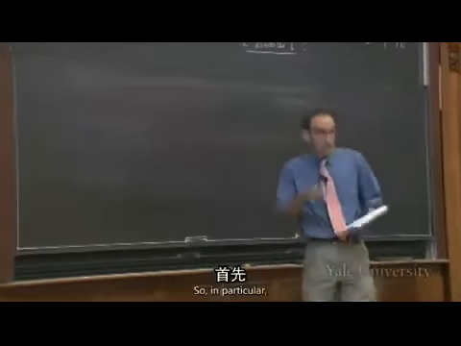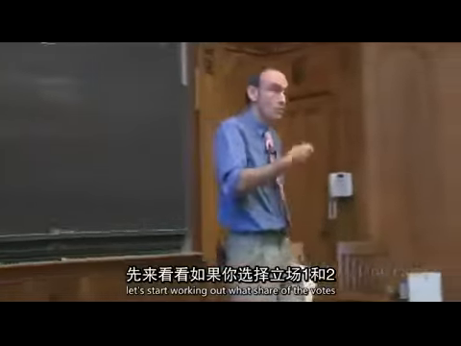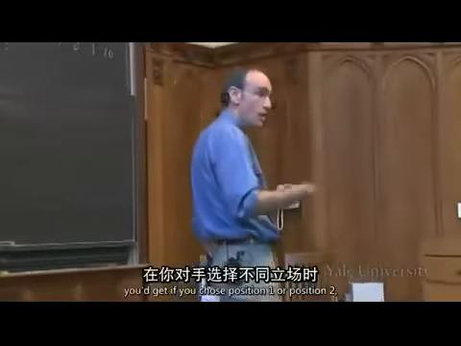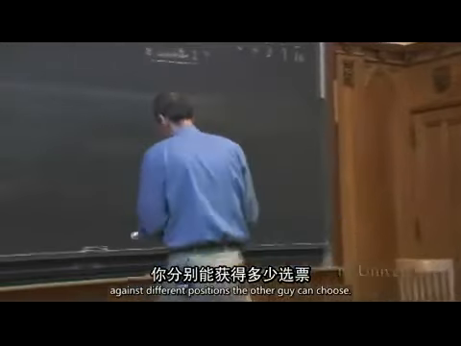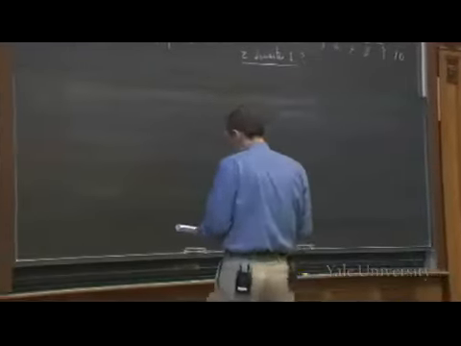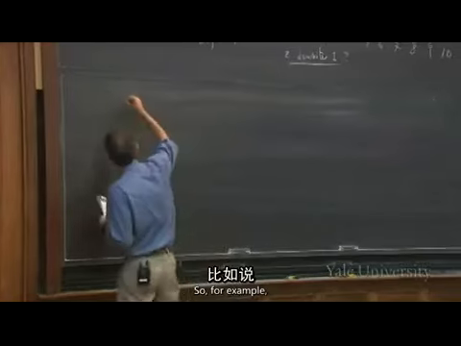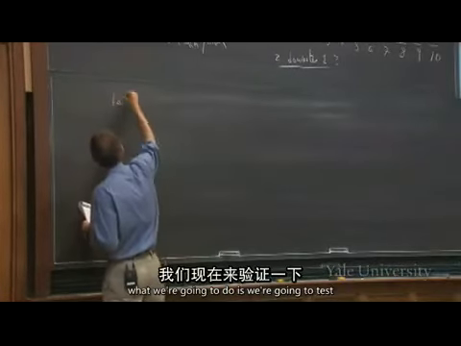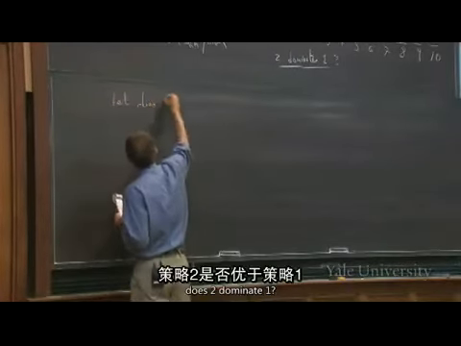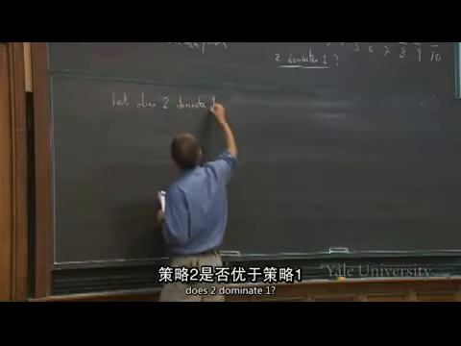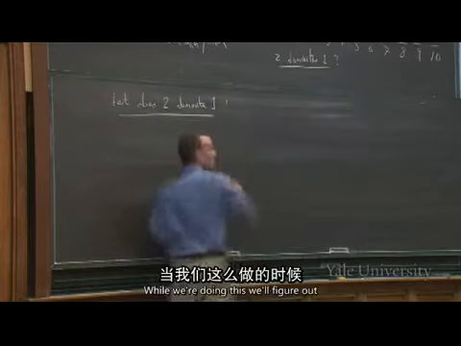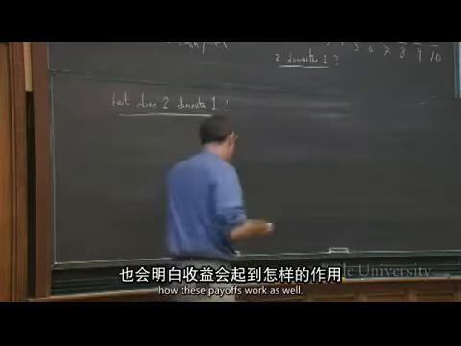All right. So in particular, let's start working out what share of the votes you'd get if you chose position 1 or position 2 against different positions the other guy can choose. So for example, what we're going to do is we're going to test, does 2 dominate 1? And while we're doing this, we'll figure out how these payoffs work as well.